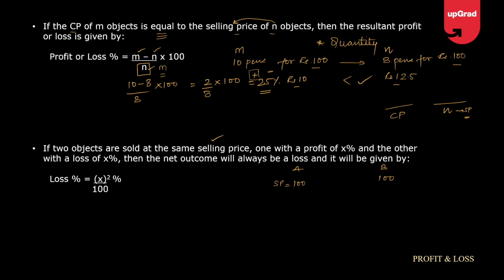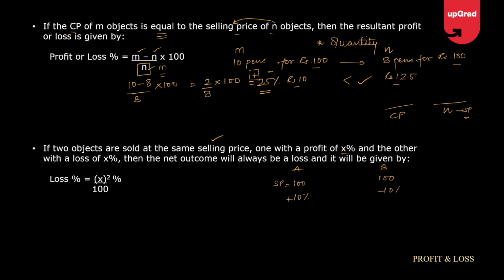It's also given that one gave me a profit of X percent, the other gave me a loss of X percent, which means profit percentage and loss percentage value should also be the same. So there are two cases that must be a prerequisite if you apply this concept. Number one, the selling price for both the products should be the same. Number two, the profit percentage and loss percentage value should be the same.